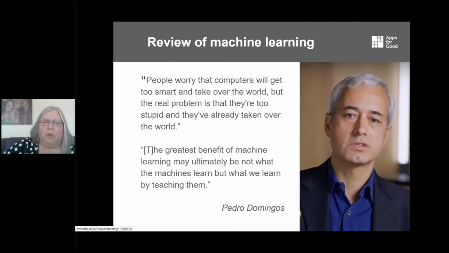And I suppose what we're looking at here, I think this quote, particularly the second part, sums up part of the ethos: by thinking about how you program machine learning, you're thinking really about what we are doing.